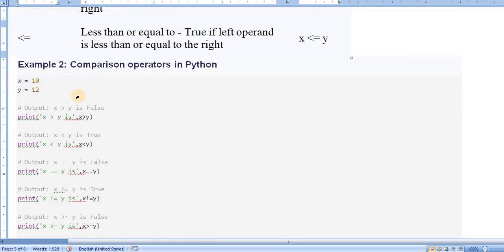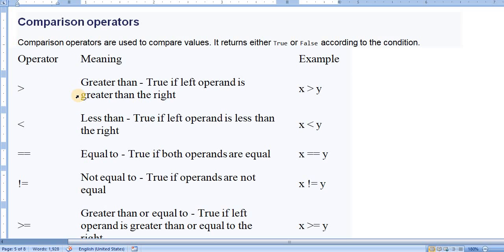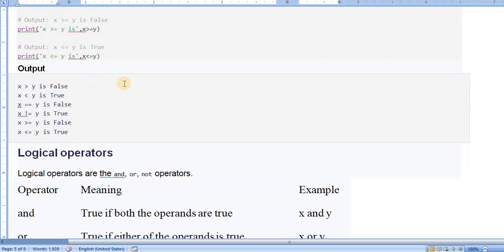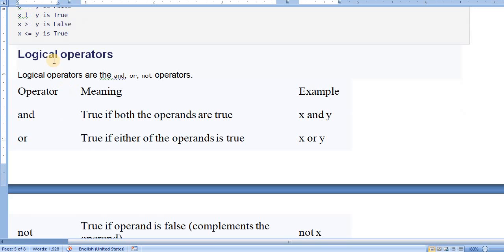So these are the operators used when you want to compare two operands. We will use these comparison operators when we learn conditional statements, the if statement. It is used to compare two or more values. Next is logical operators. So logical operators are and, or, and not.